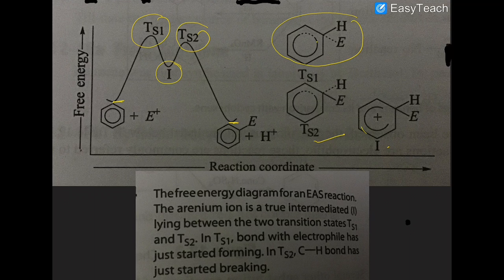While in TS2 it is the reverse: the partial breaking of the hydrogen and complete formation of the electrophile and carbon bond. That is very, very important. And this is the product formed after the leaving of the proton from the intermediate sigma complex, and you have the aromatic system back. Remember that in between the reactant and product, the sigma complex and the various intermediates do not carry any aromatic character. Why? Because one of the carbon atoms becomes sp3 hybridized.